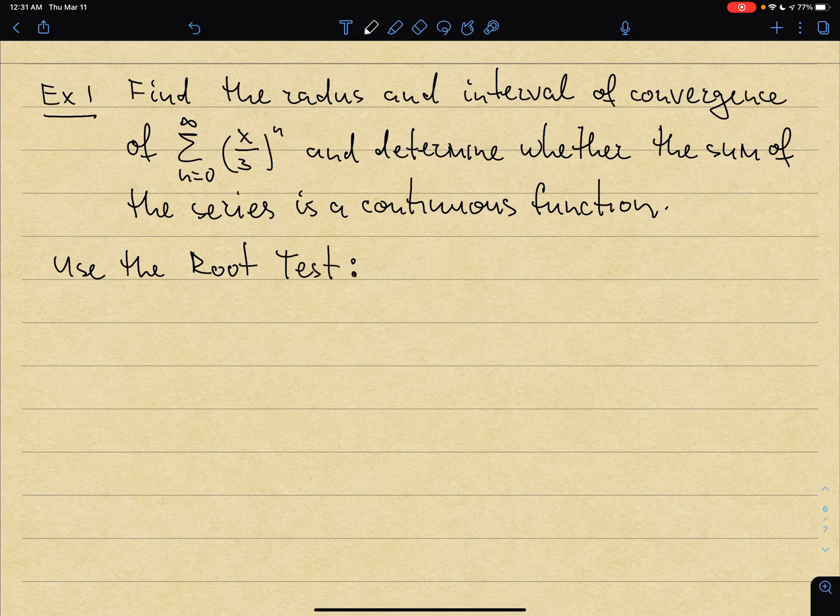So what we need to do is to take a limit as n goes to infinity of the nth root of the nth term. So it's absolute value of x over 3 to the n raised to the power 1 over n, right?